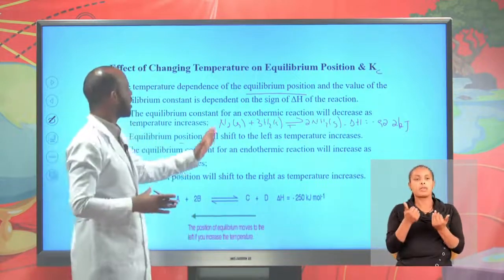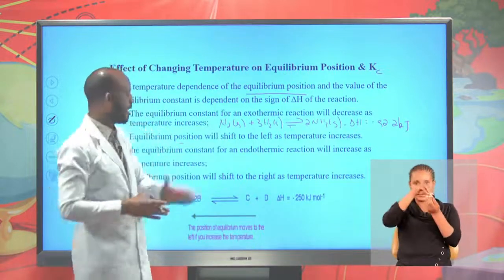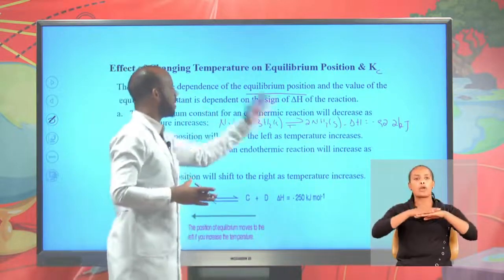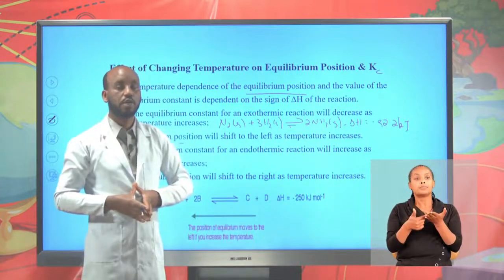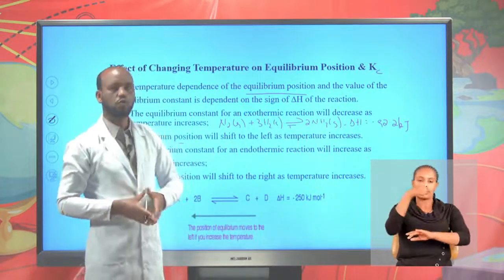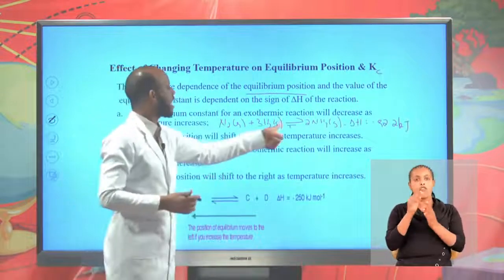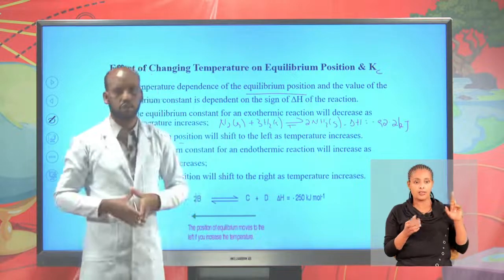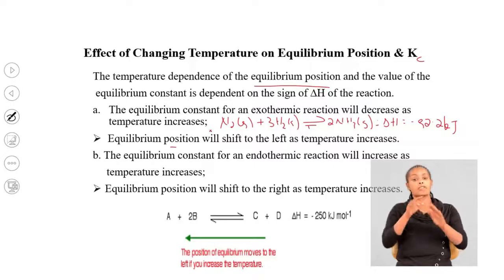Now, if the temperature of this equilibrium reaction increases, then equilibrium will shift in the direction that reduces the temperature, to the endothermic side. Formation of reactants is favored if temperature is increased. If temperature decreases, equilibrium shifts to the exothermic side.